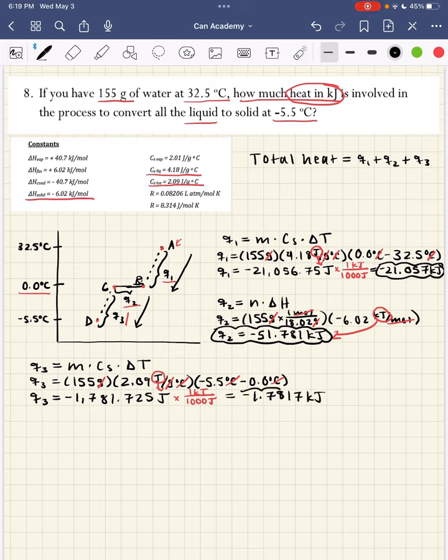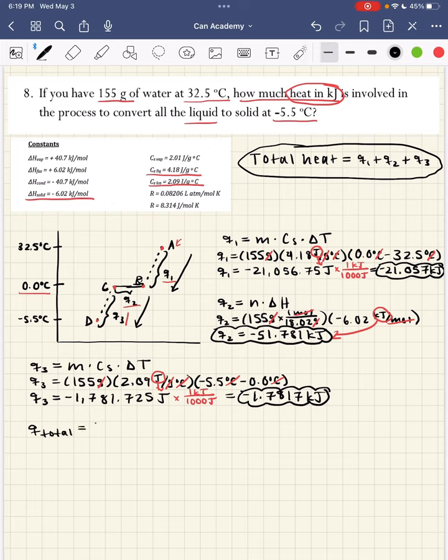Now that we have our 3 heats, we're going to remember that our total heat is equal to the sum of them. So now we're going to add them all together. Q total equals Q1, which is negative 21.057 kilojoules, plus Q2, which is negative 51.781 kilojoules, plus Q3, which is negative 1.7817 kilojoules.